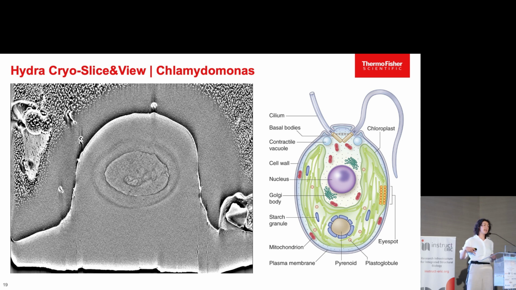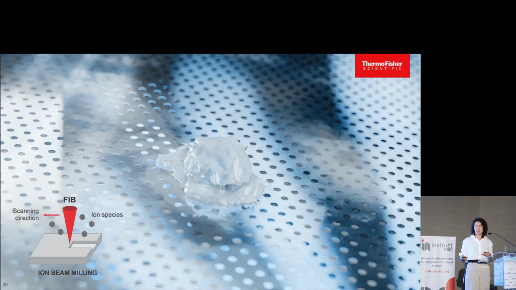I'm a TEM girl, right? But when I saw these images from the SEM, it really blew me away, because what we're looking at here is completely unfixed, and yet we can see all of this amazing molecular architecture: the membranes, the thylakoid stacks, the mitochondria, the Golgi, in astonishing detail.